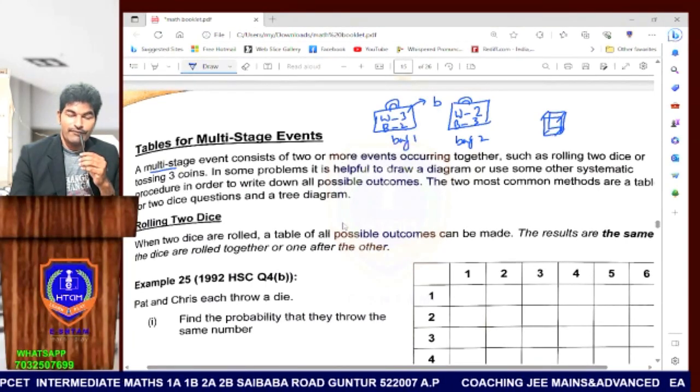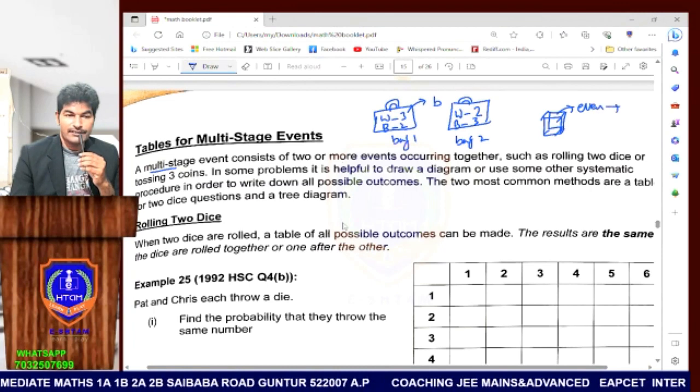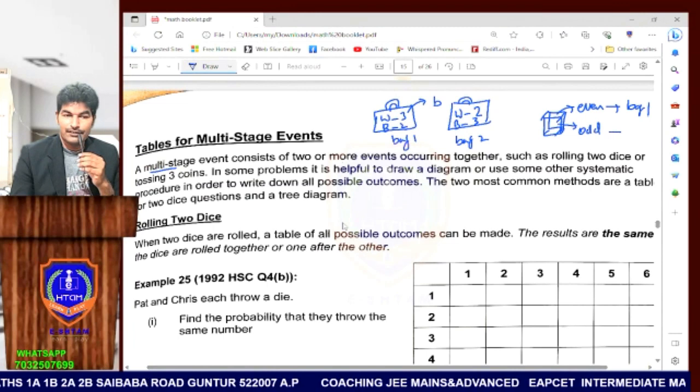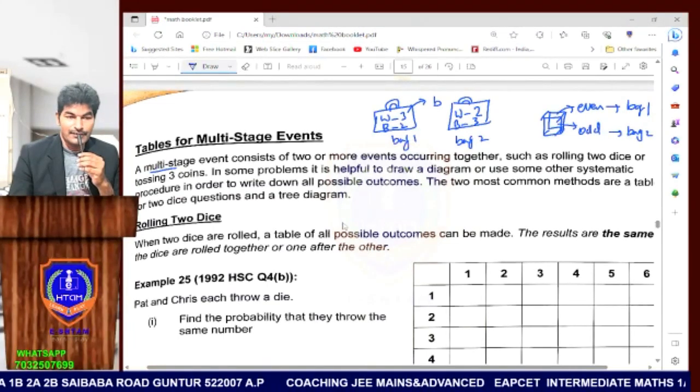If you get an even number on the top face of the die, then you will select bag 1. Okay. If you get an odd number on the die, you will select bag 2. Understood? So this is called multi-level or multi-stage events.